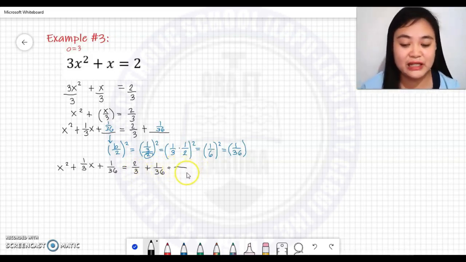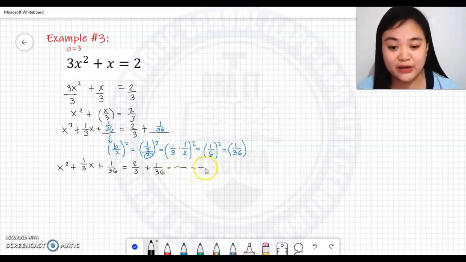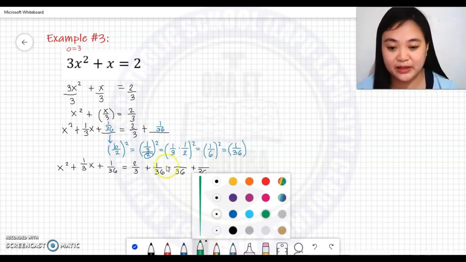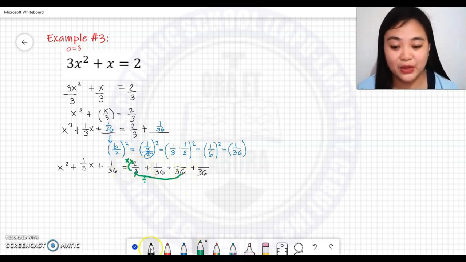The GCF of 36 and 3, I think their GCF is 36. Okay, I will use another color pen, the green pen this time. 36, oh, that's big. 36 divided by 3, that is 12, right? Then 12 times 2, that is 24.